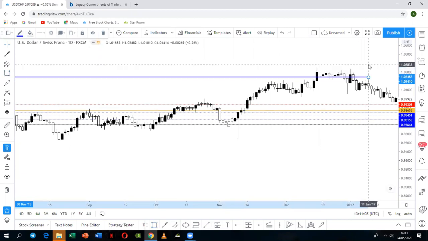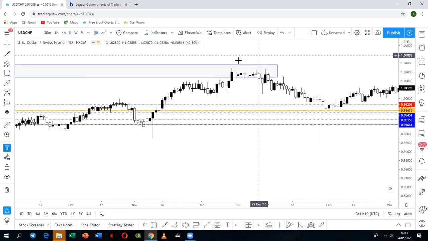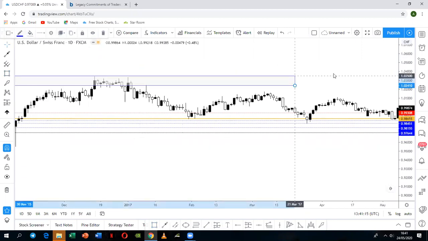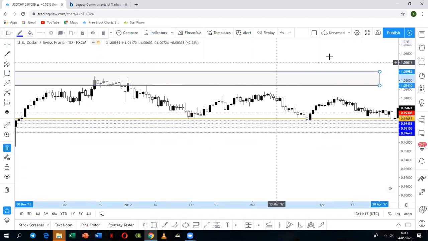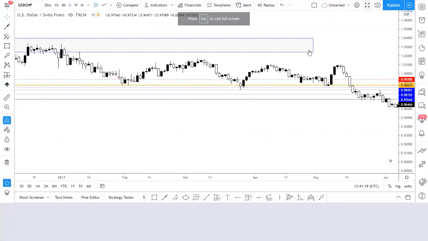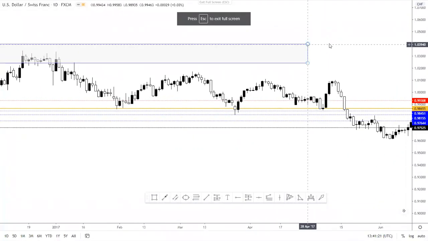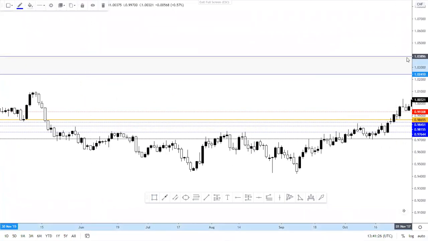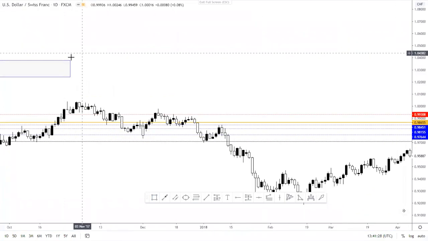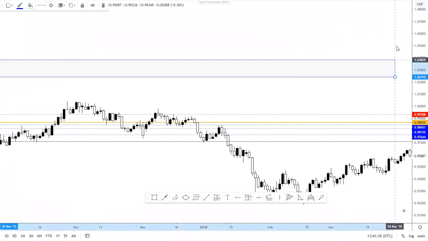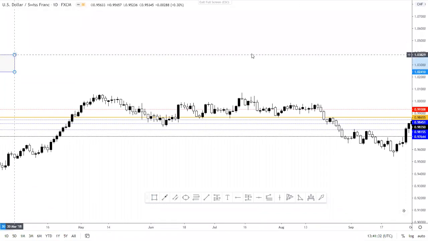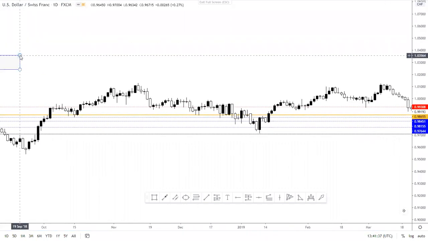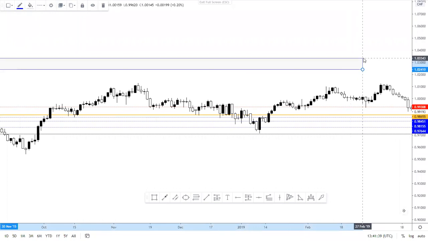So you see, up to this point, that zone still held. If we continue, that zone is very strong, guys. So we are continuing all the way until current market price.